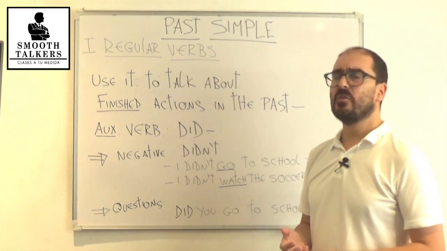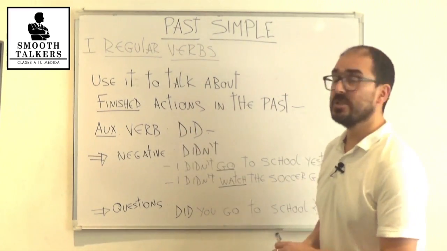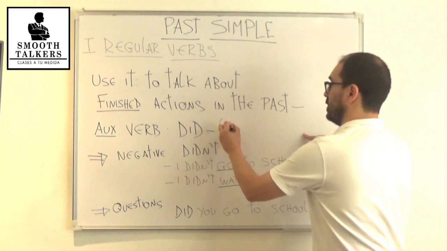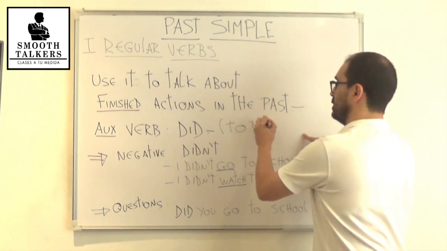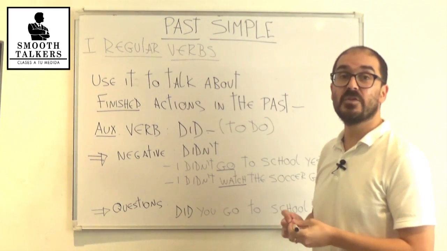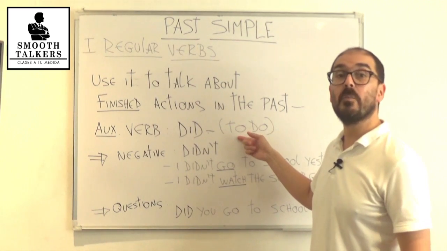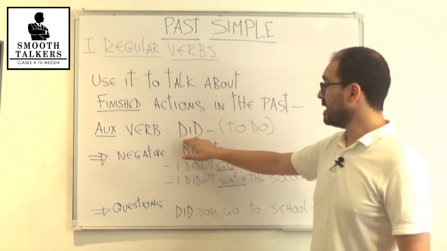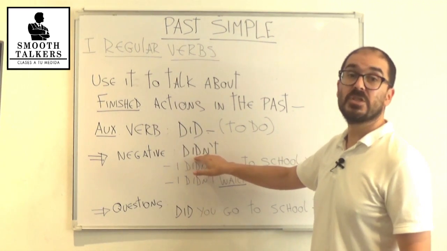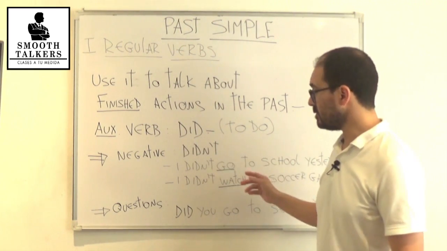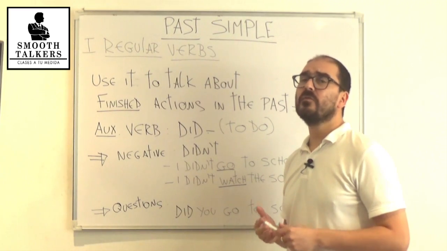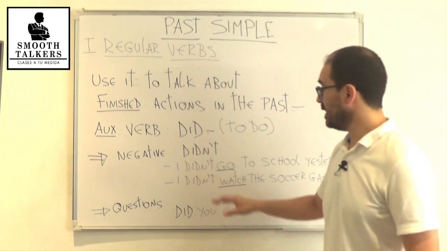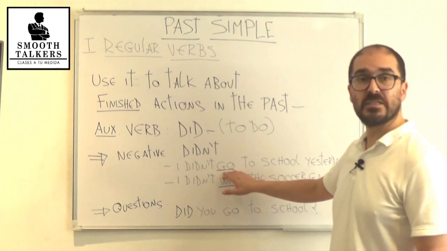Our auxiliary verb is going to be did, which is the past tense of the verb to do. If you need to review the verb to do, you can watch our video on present simple. Same rules apply. Negative form, didn't, which is did not. All we need to do to form a negative phrase is say didn't, and then we use an infinitive.